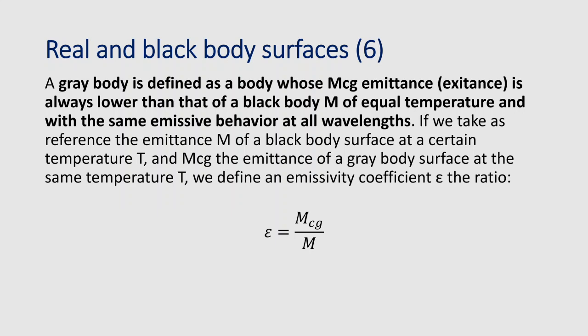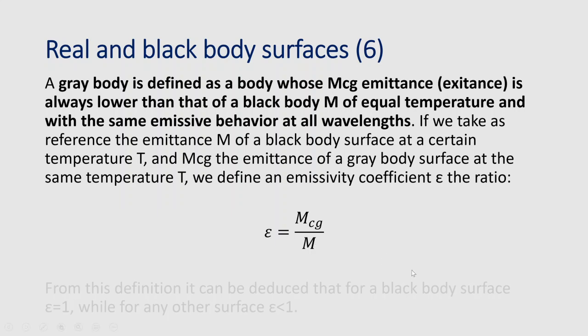The first one is the emission coefficient epsilon, that is simply the ratio between the excitance of a gray body, that is a real body, divided by the excitance of a black body that is simulated with the radiant cavity, these two bodies being at the same temperature.